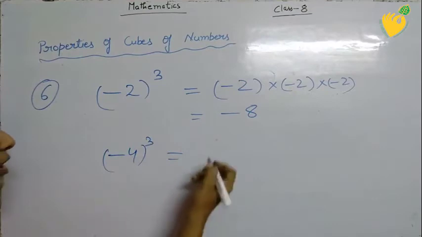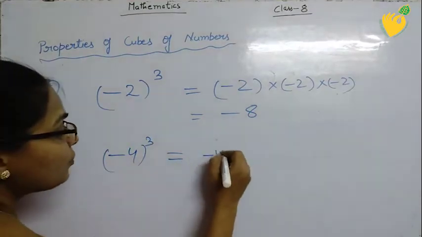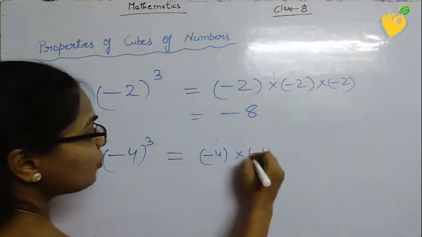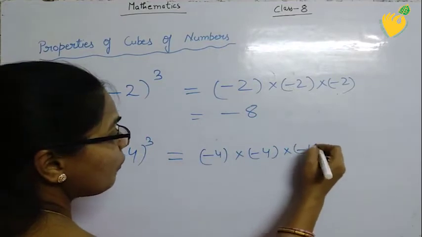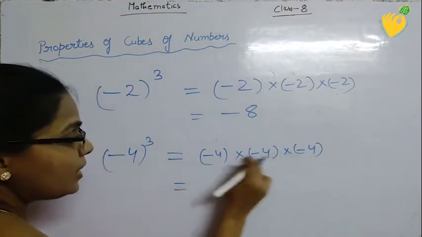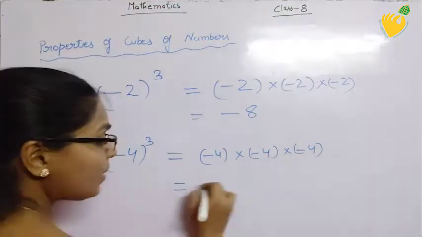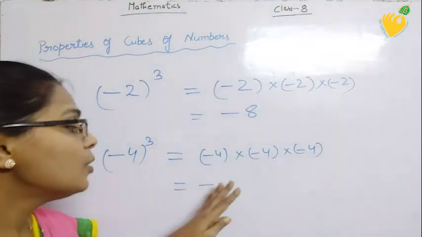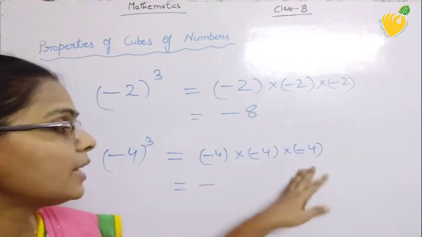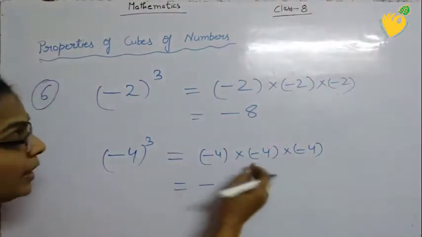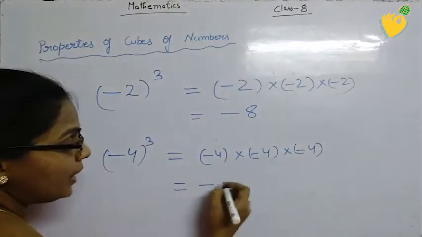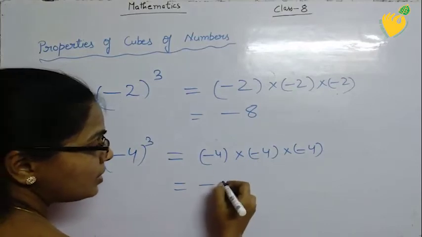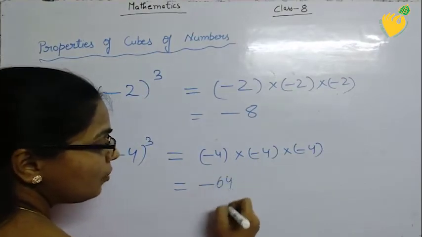Cube of minus 4 is minus 4 into minus 4 into minus 4. You can write minus minus plus and plus minus is minus. We always decide the sign of the product by multiplying the signs. And now we will multiply the numbers: 4 fours are 16, 16 fours are 64.